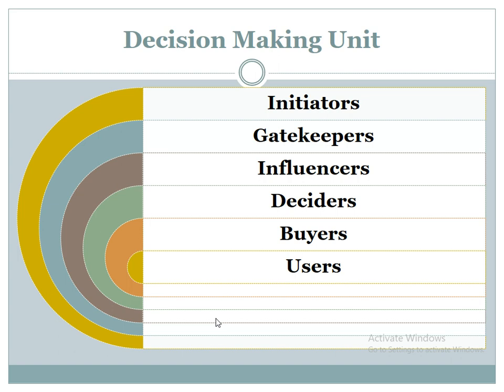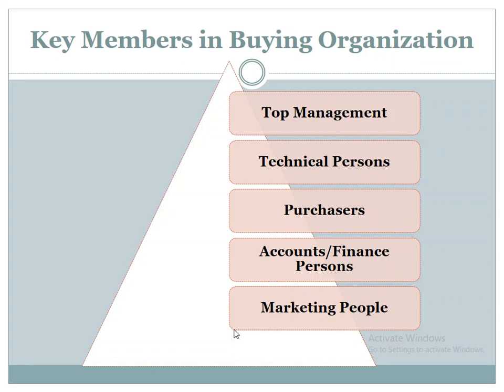The emphasis in the buying center is on the organizational groups, that is functional areas, which participate in the buying decision process. So this is the information about the decision making unit or buying centers.